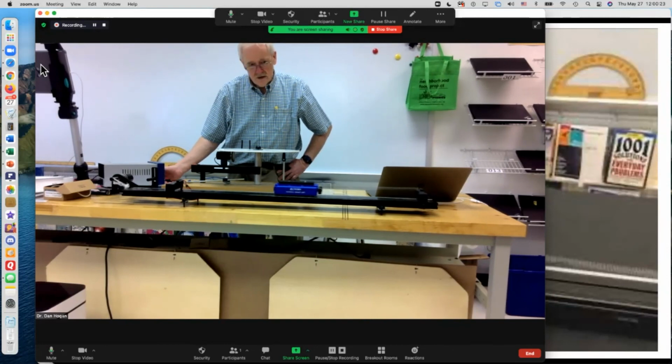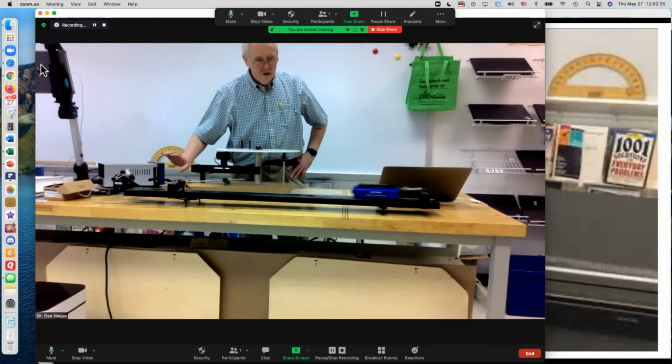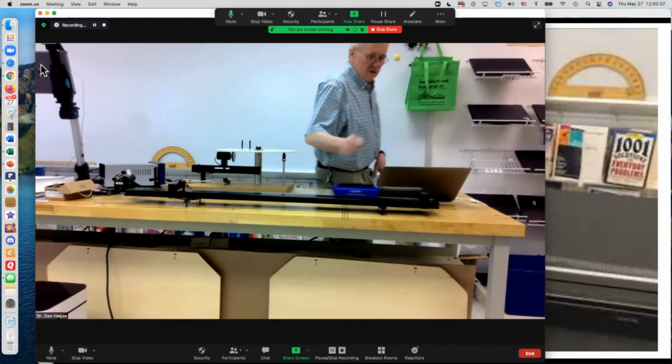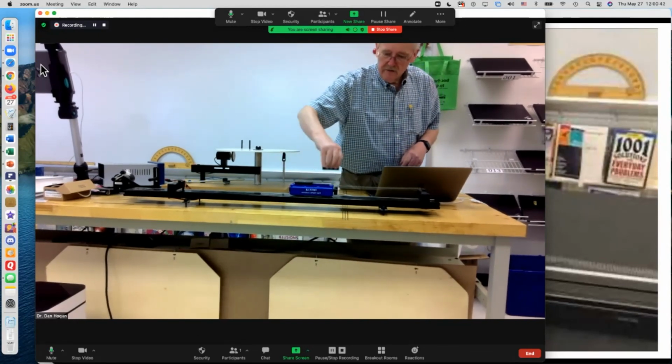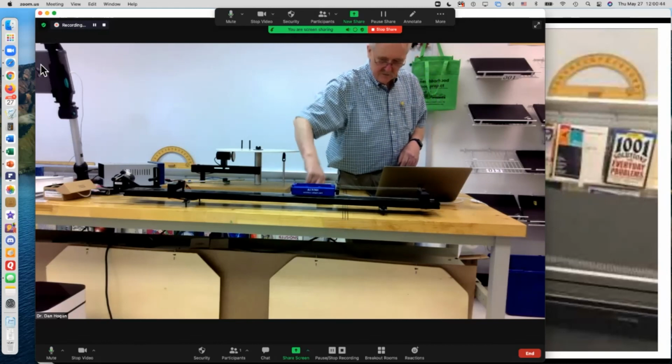Okay, so notice now that's much more dramatic, I guess. Turn that one off. So the lower the resonant frequency, the slower that driving force at the end.